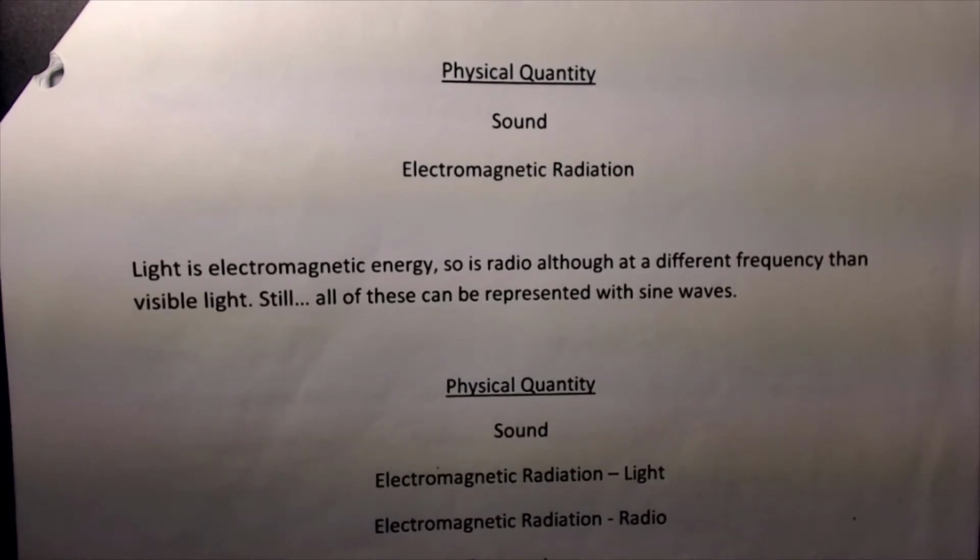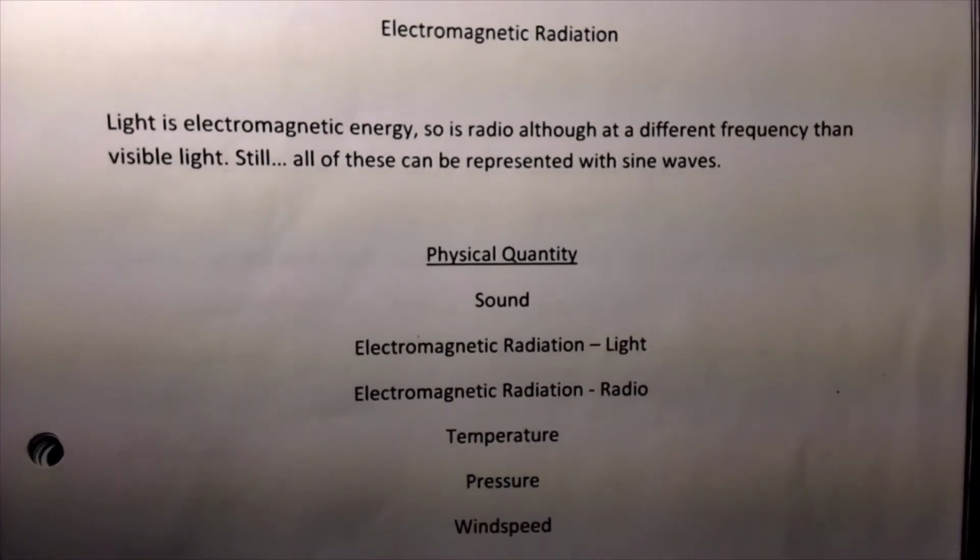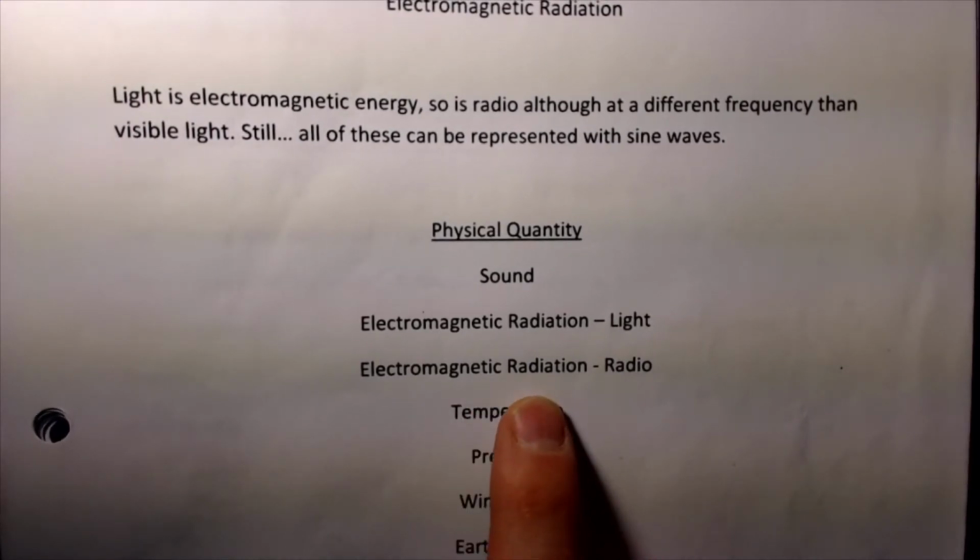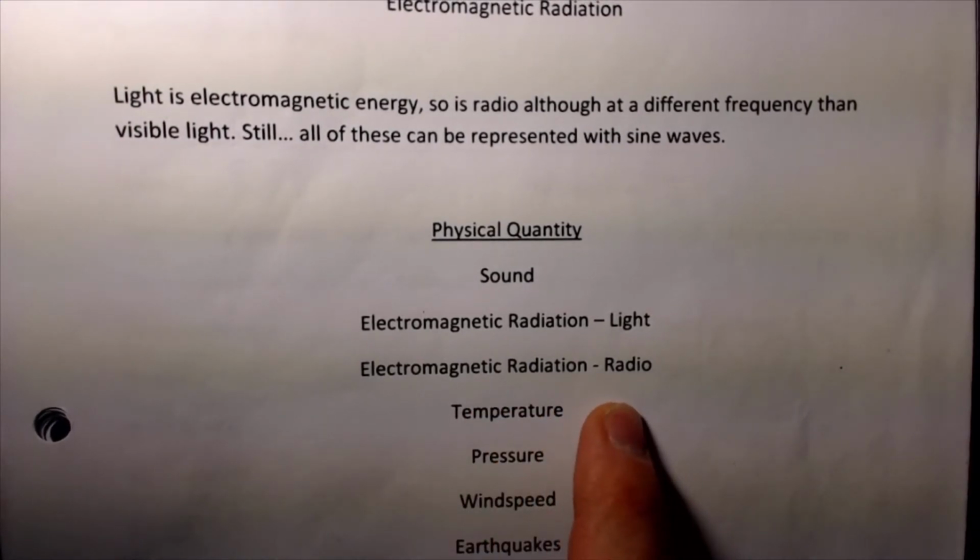So again, light can be represented with sine waves, with continuously changing and varying analog values. Other ones also in the electromagnetic spectrum would be that of radio waves.